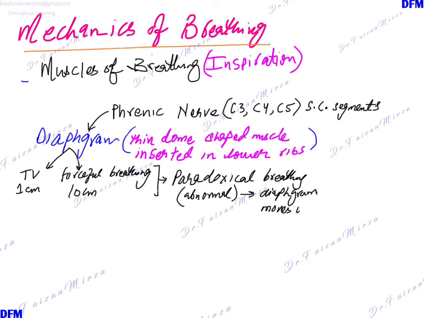In this, the diaphragm moves up in an abnormal manner. Because during breathing, the diaphragm is supposed to go down in inspiration, but in paradoxical breathing, the diaphragm comes up.